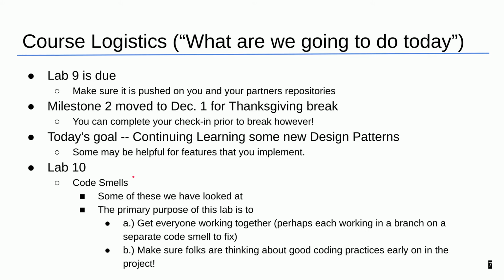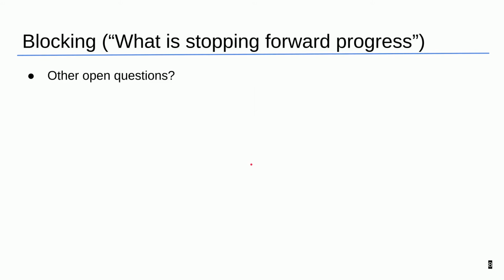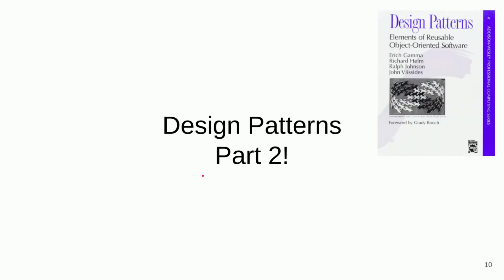The lab itself isn't arguably very difficult in the sense that the answers can be found, but it is a nice lab to practice splitting up a project, folks working in different branches, and getting everybody involved in your project and thinking about how you'll divide up work amongst your team members. So that's the real exercise of Lab 10, or at least the thinking that's going into it. You will decide as a team, of course, how to complete it. If there are other open questions, happy to talk about them, but let's go ahead and dive into design patterns.